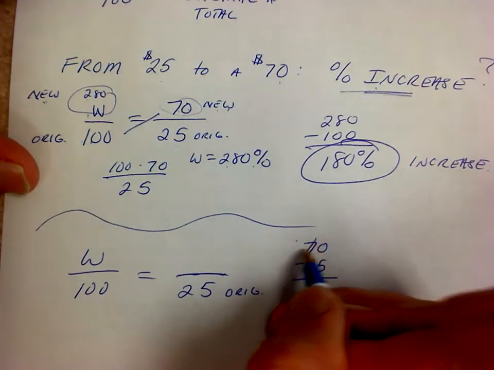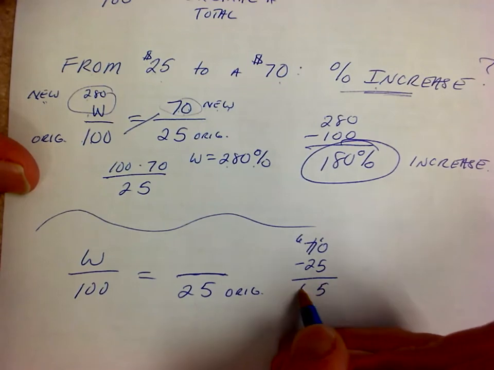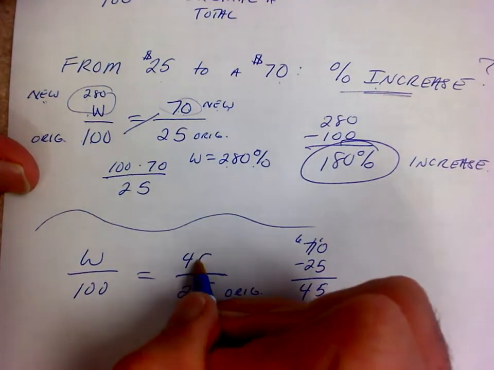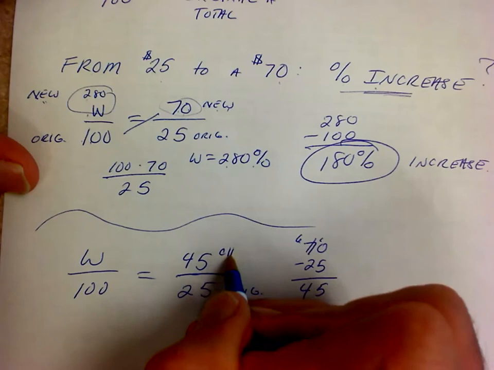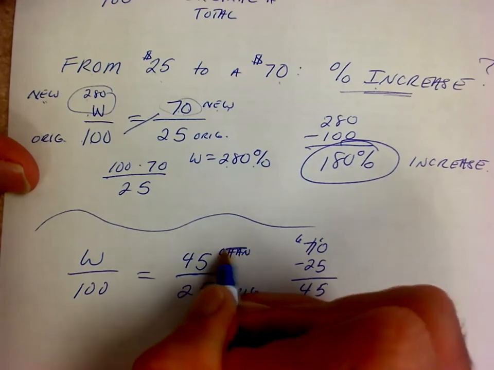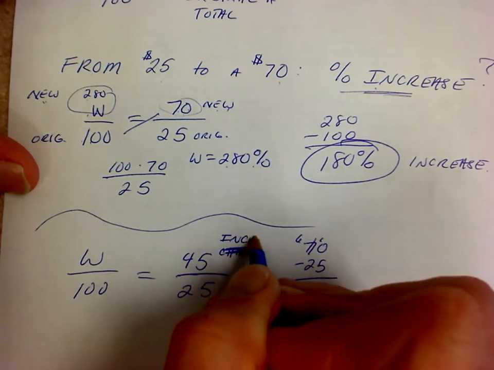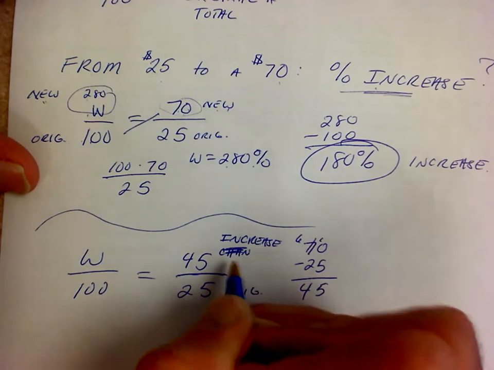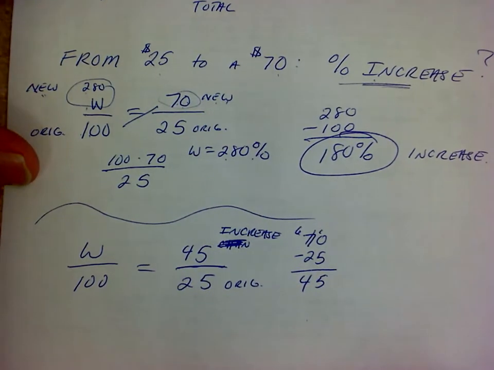Well, we do a small subtraction step. That's a $45 increase. Okay, that would be a $45 increase.